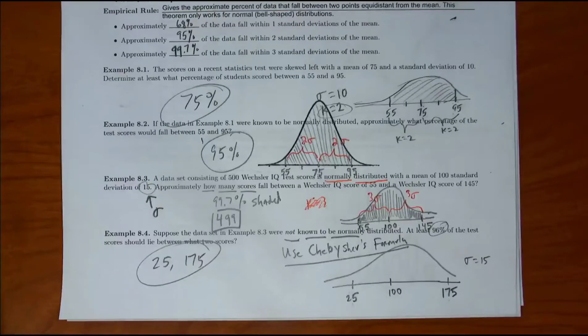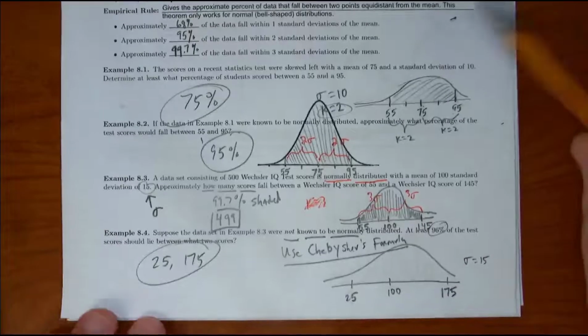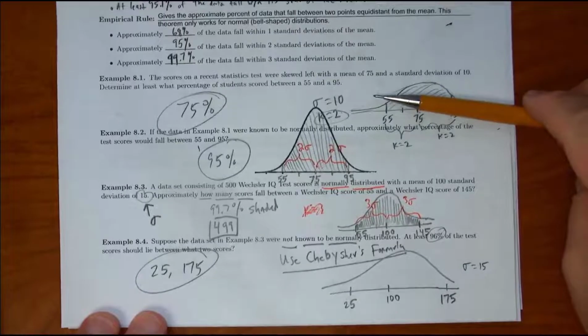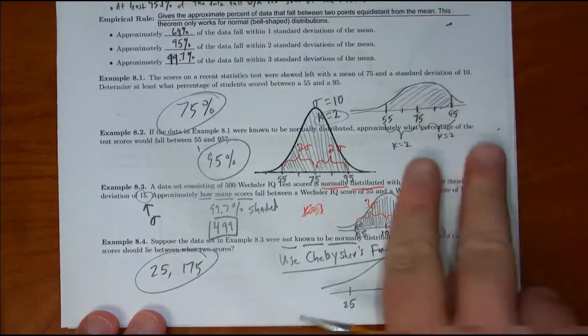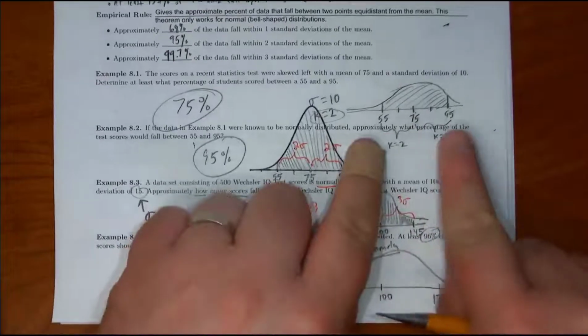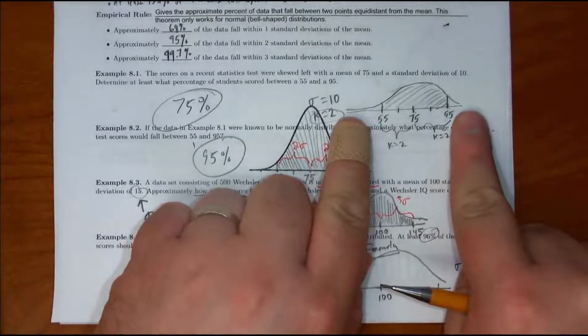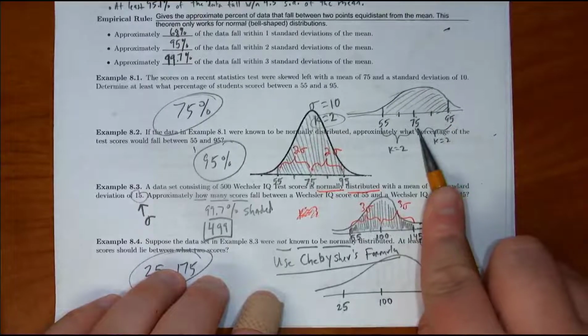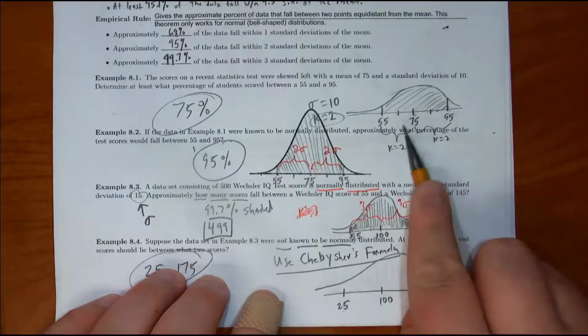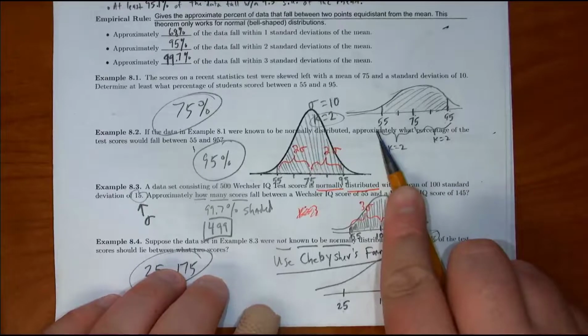Okay? So we had just your basic applications, where you basically figure out how many standard deviations you're talking about. Don't try to find the entire distance in terms of the standard deviation. Find the distance from the mean to the upper value or the mean to the lower value in terms of the standard deviation.